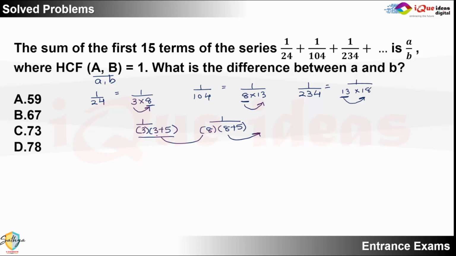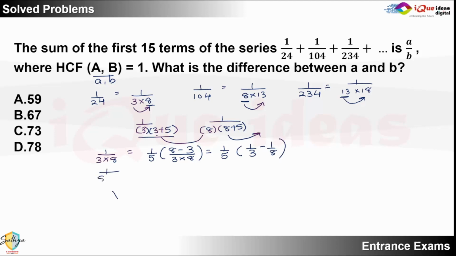So technically speaking, I can say that 1 upon 3 into 8 can be written as 1/5 of (8 minus 3) upon 3 into 8, which is 1/5 of (1 upon 3 minus 1 upon 8).